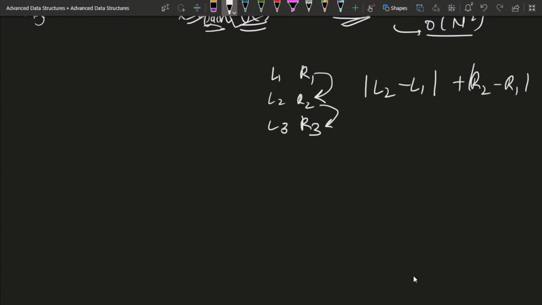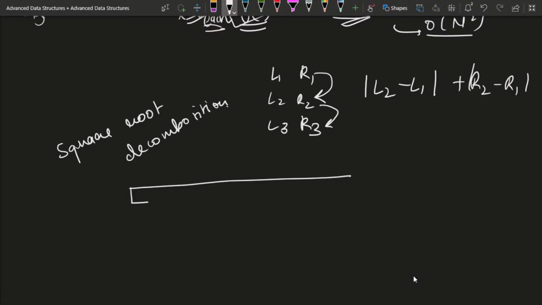Now suppose I am using the idea of square root decomposition, and suppose this was my complete array. Now try to understand what I am saying. It would be a little tough, but it can be useful in lots and lots of problems.